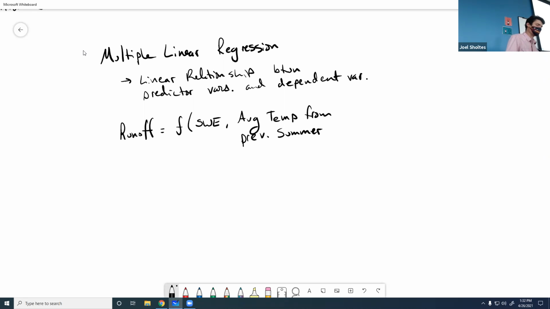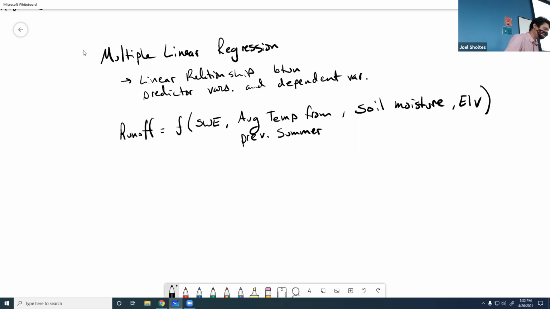When the snow melts, some of it's going to go into the soil. We could look at soil moisture metrics. Maybe those are cross-correlated. We could look at elevation, like average elevation in the basin. There's a ton of things that we could do and measure ahead of time that would allow us to predict what the runoff is. And all of these things might share some predictive power for runoff.